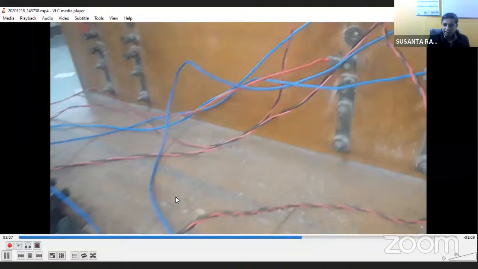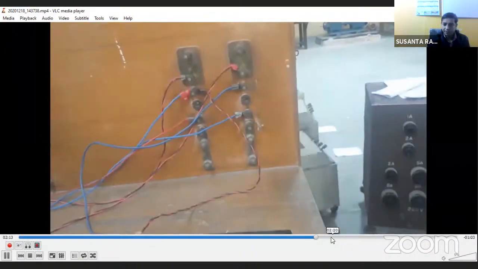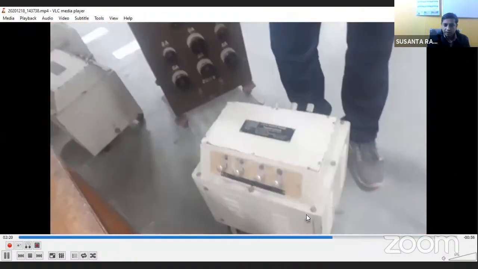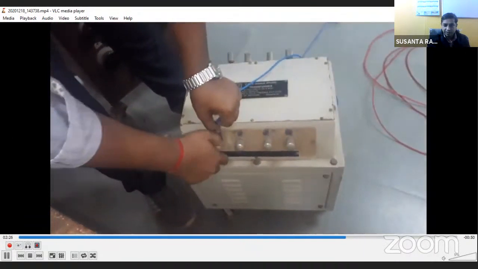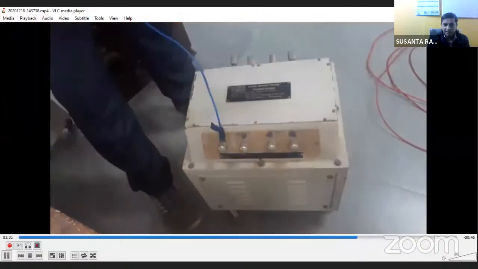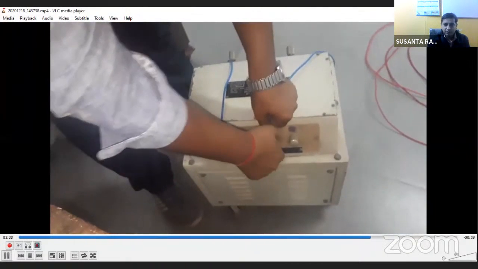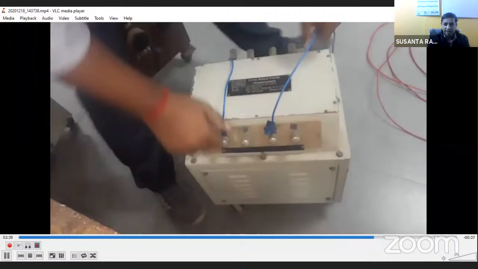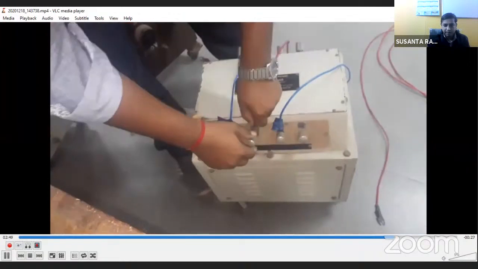Now I think, okay, you see it is connected with the pressure coil. Now he has rotated because we should excite the low voltage side. But what we can do is make the two coils available in the low voltage side parallel. So we are connecting two different coils of 110 volt in the low voltage side in parallel.